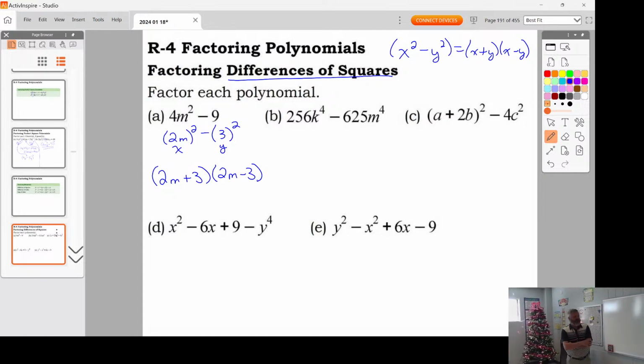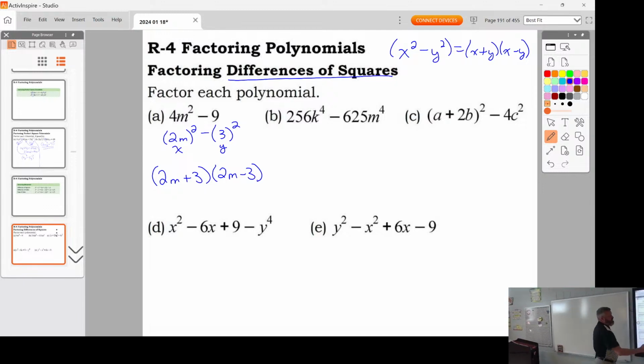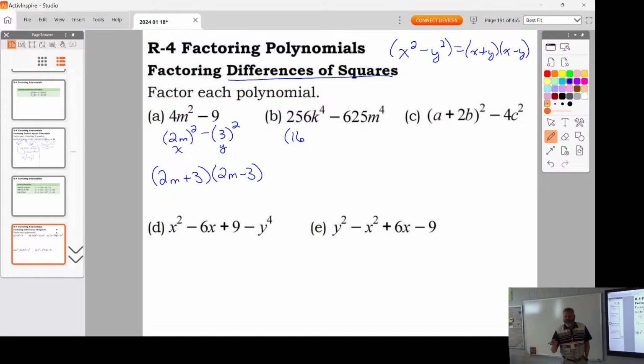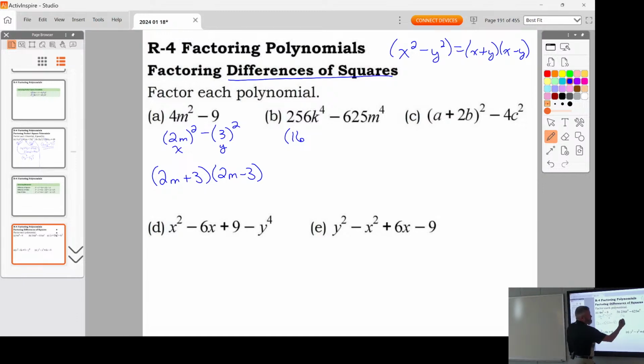What do you square to get 256? 16. What do you square to get k to the fourth? K squared. Minus.